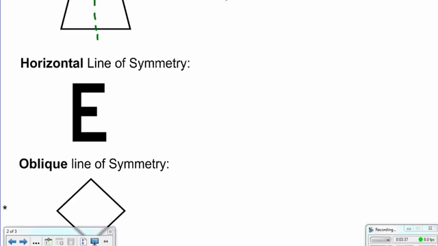And in order for a shape to have horizontal symmetry, it needs to have symmetry like the letter H. And the letter H, if I draw a line this way, it has symmetry. The letter H also has vertical symmetry, but the letter V does not have horizontal symmetry, so that's a trick that can help you remember, because sometimes people confuse vertical and horizontal.